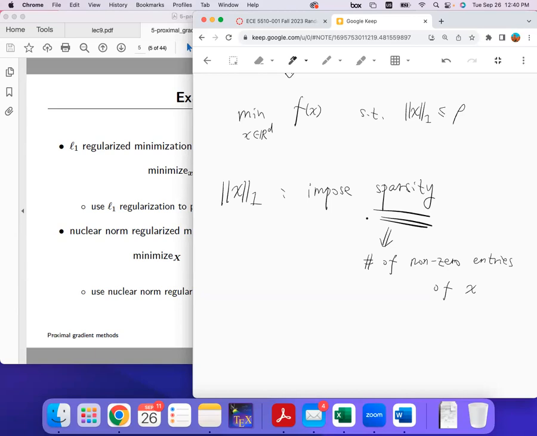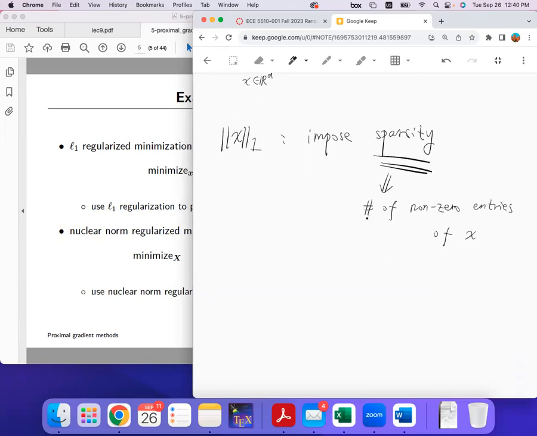So the number of non-zero entries of x, this definition, actually corresponds to the L0 norm of x. The L0 norm, which is not a norm technically speaking, follows the same definition as the LP norm, where you set P to be 0.